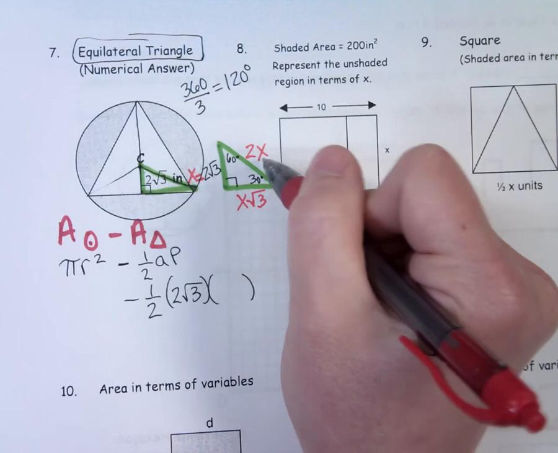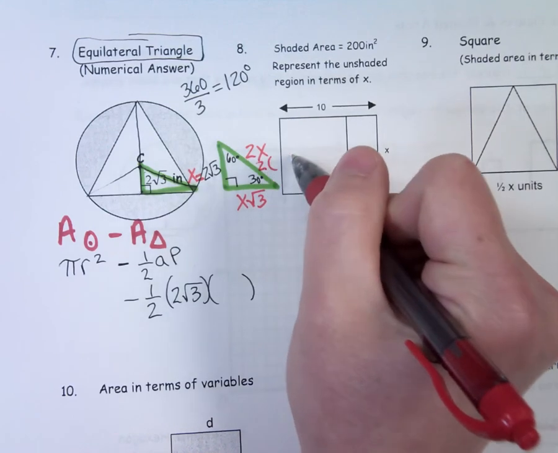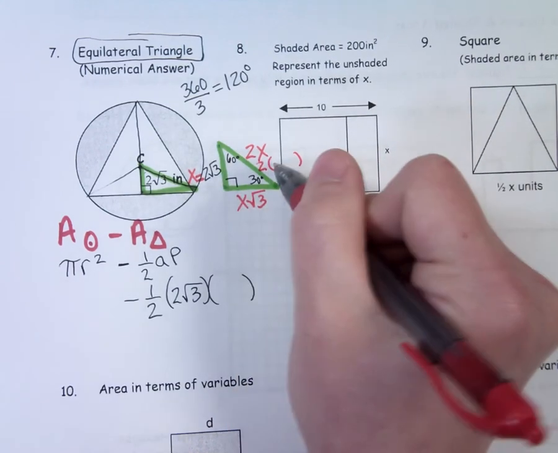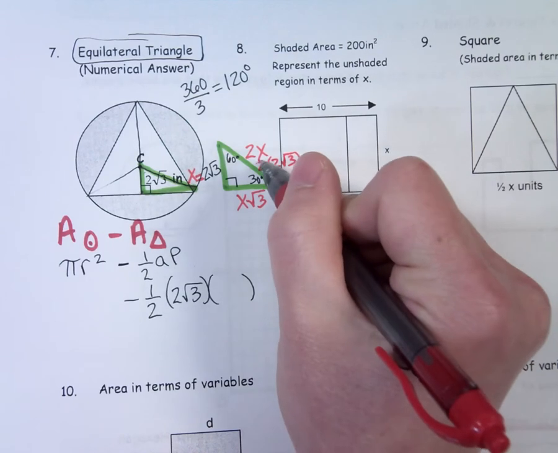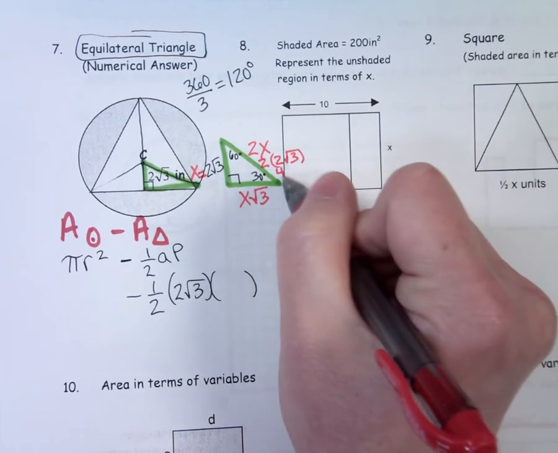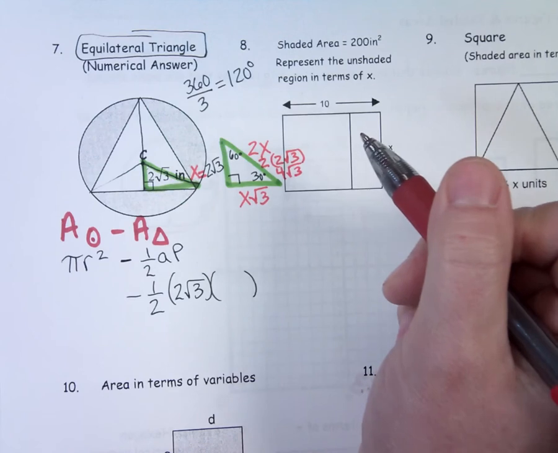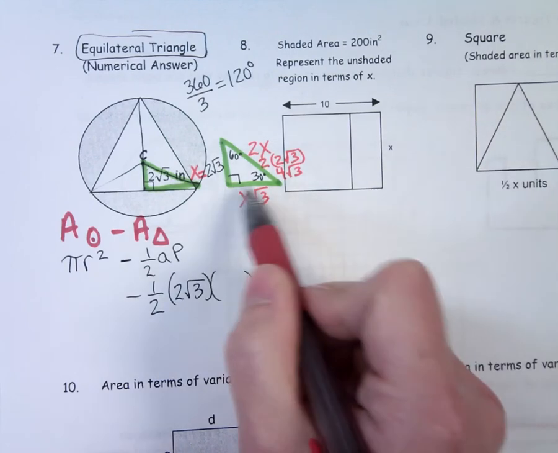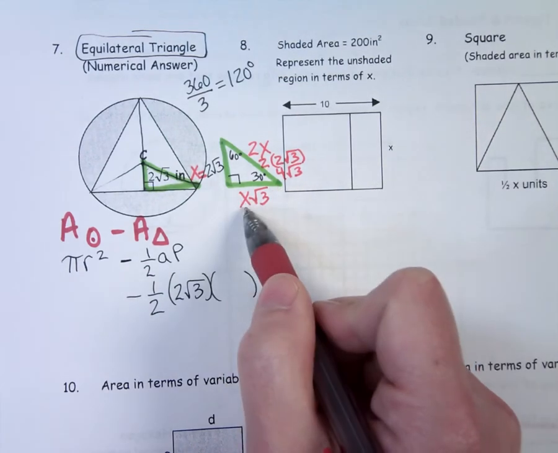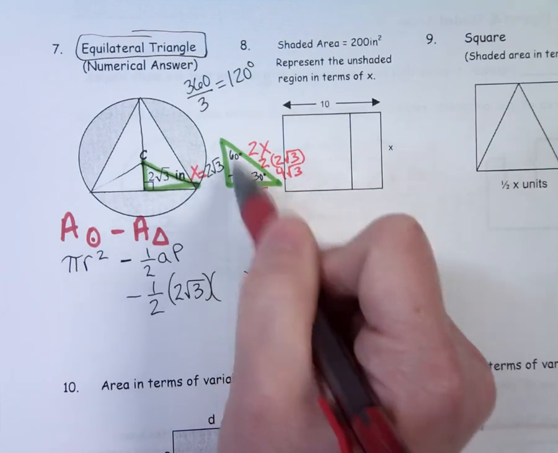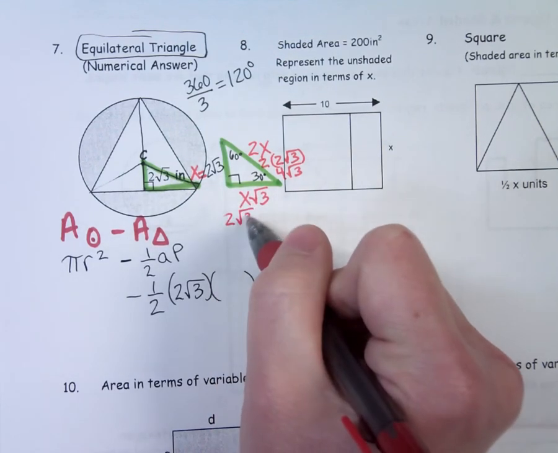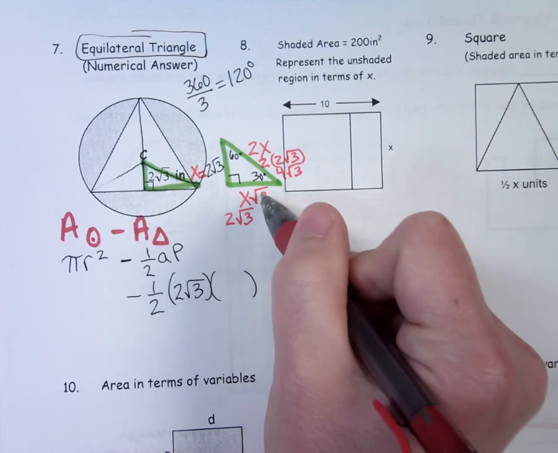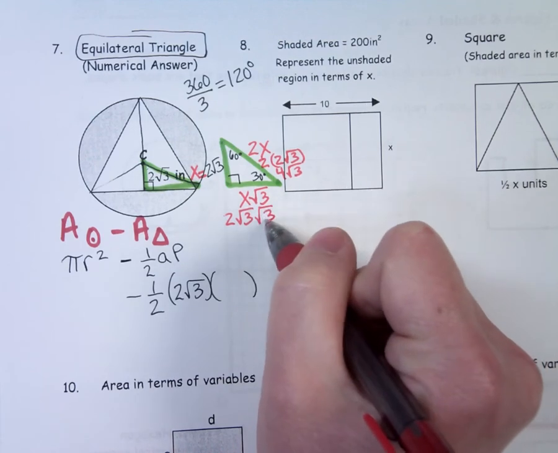So let's start with this one. We're going to take 2 times x, which is 2 square root of 3. And how much is that? 4 square root of 3. Then this one wants you to take x and multiply it with the square root of 3. So x is 2 square root of 3. I replace that into the x, and then recopy the square root of 3 behind it.